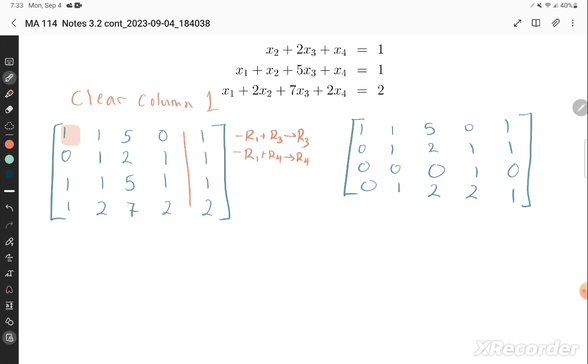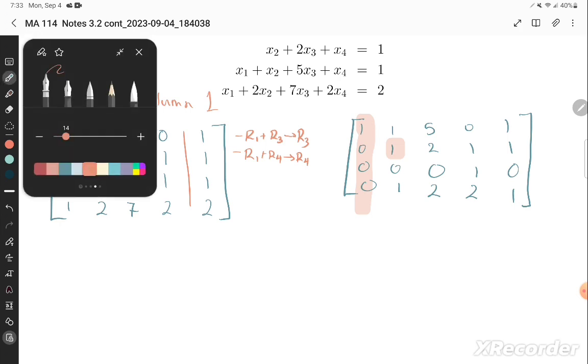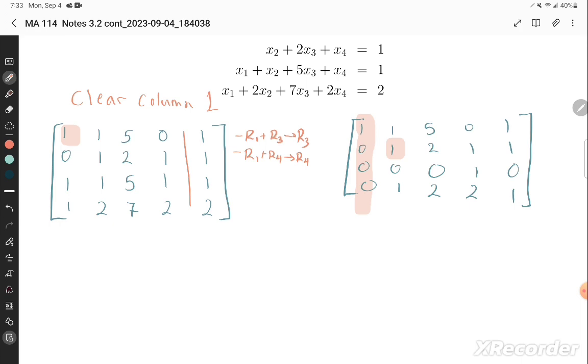So this is going to be our reduced matrix. Now this column is clear. We're good. Next, I want to focus here. In row 2, I've got a leading entry of 1, so I don't need to do anything.